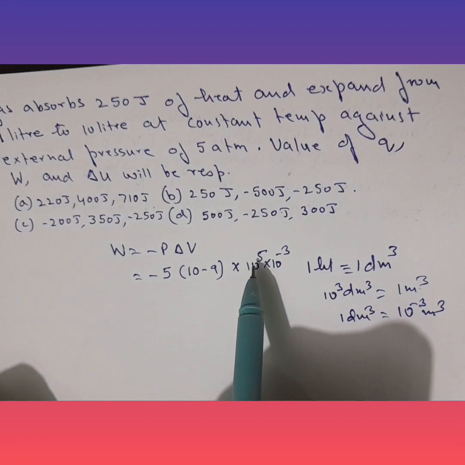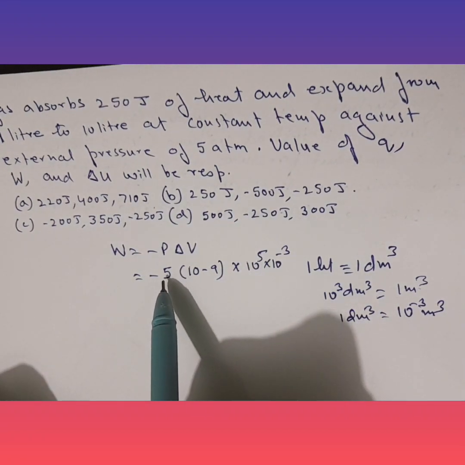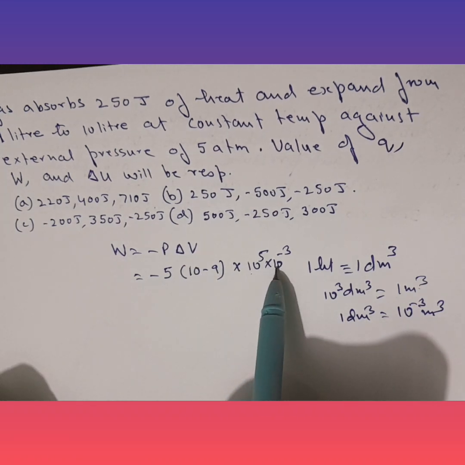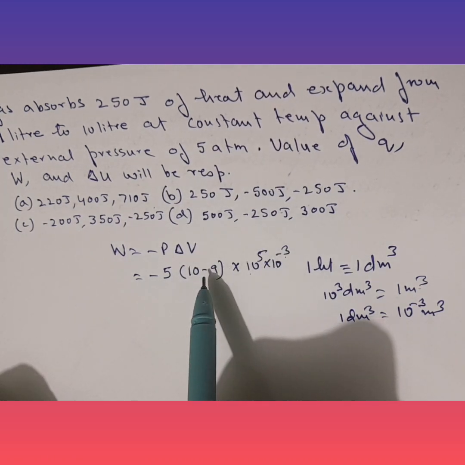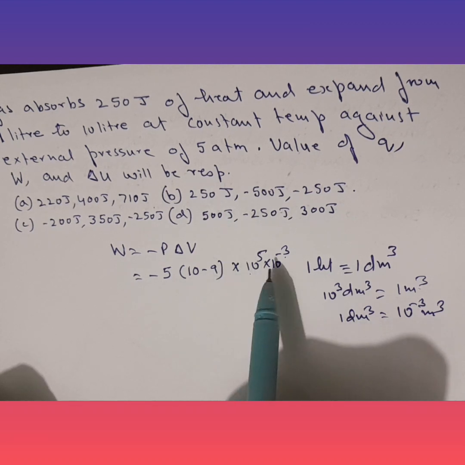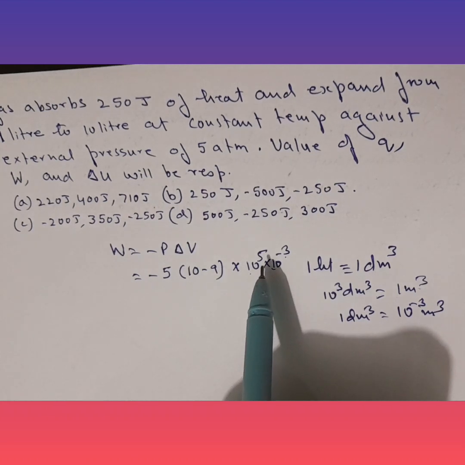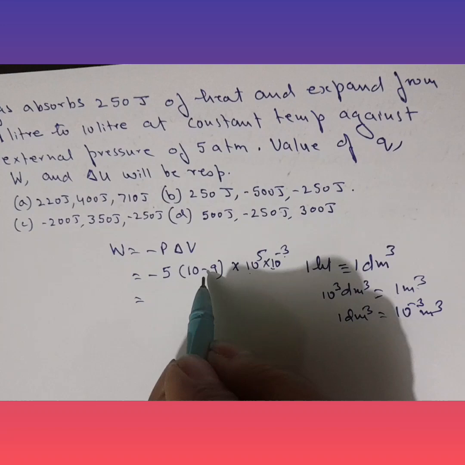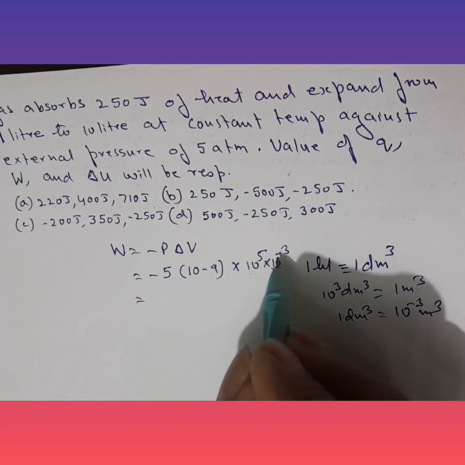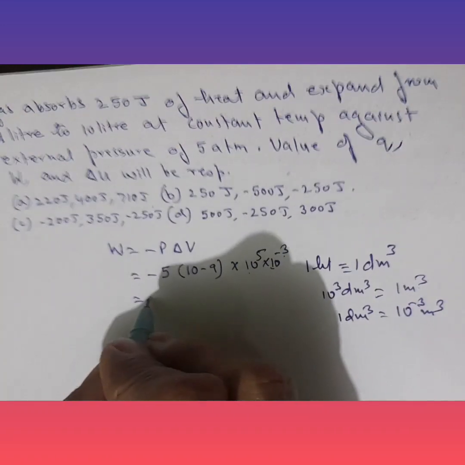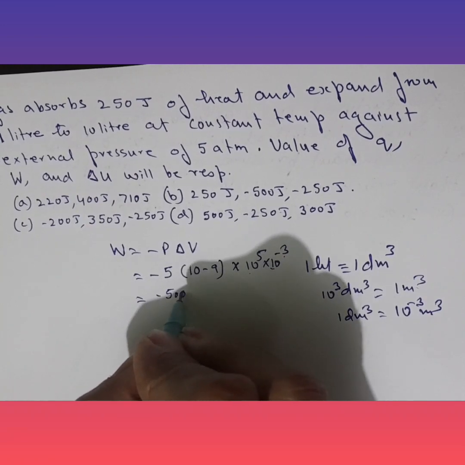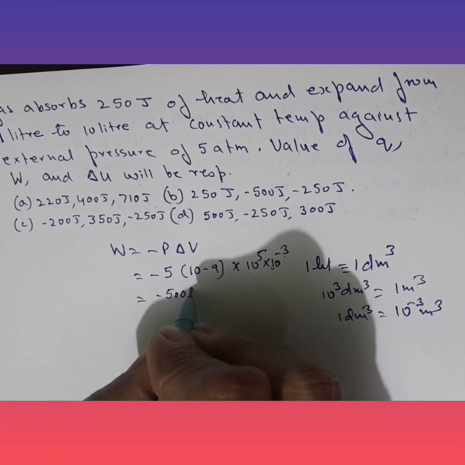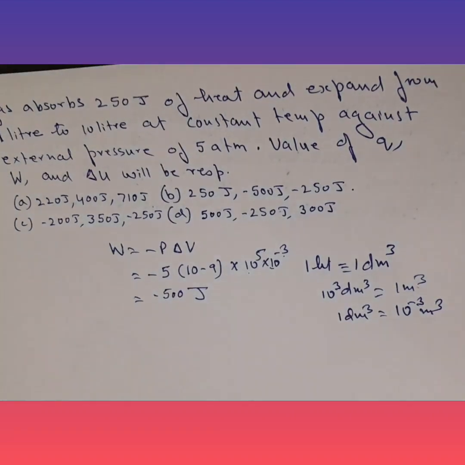This 10 raised to 5 belongs to conversion of 5 atmosphere to Pascal, and this 10 raised to minus 3 is for converting liter, or rather decimeter cube, to meter cube. On further solution, this becomes 1, this becomes 10 raised to 2, so we can put it as 500. Now confidently we can put in joules.